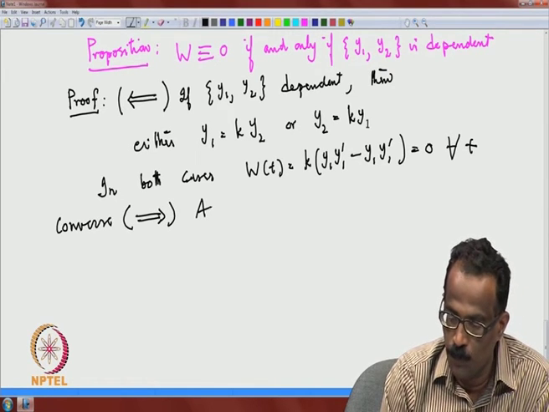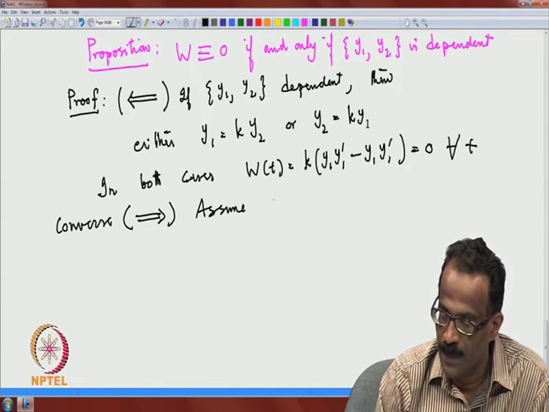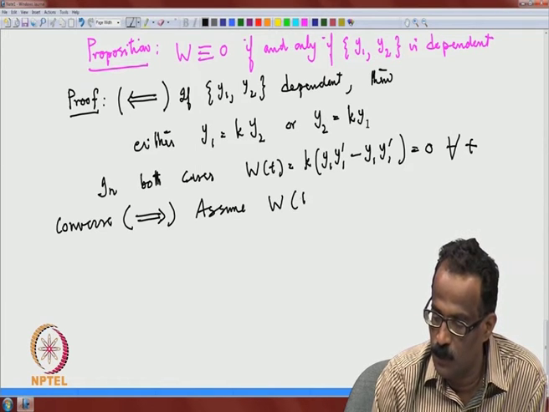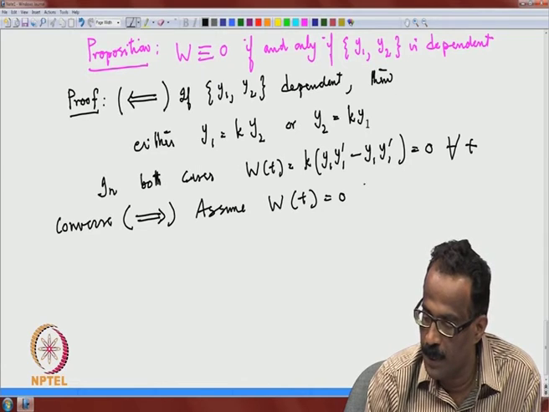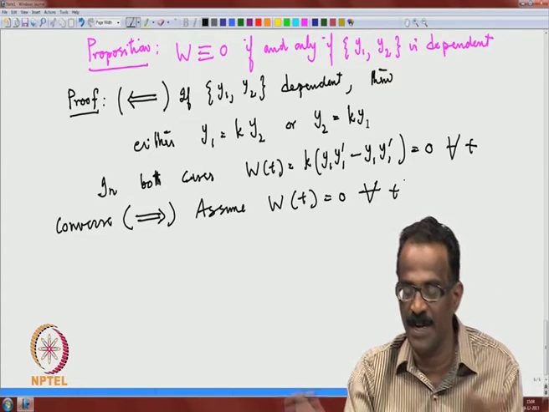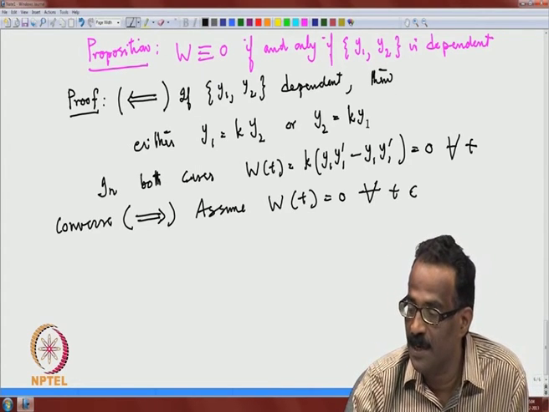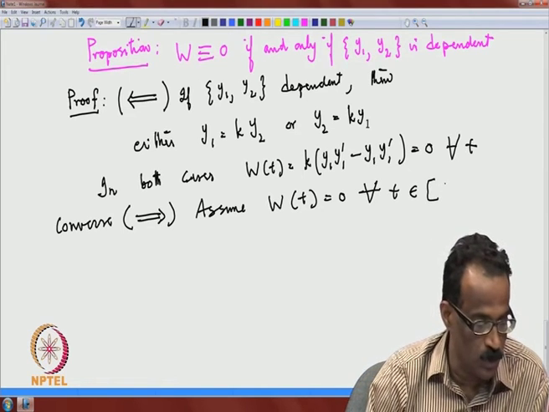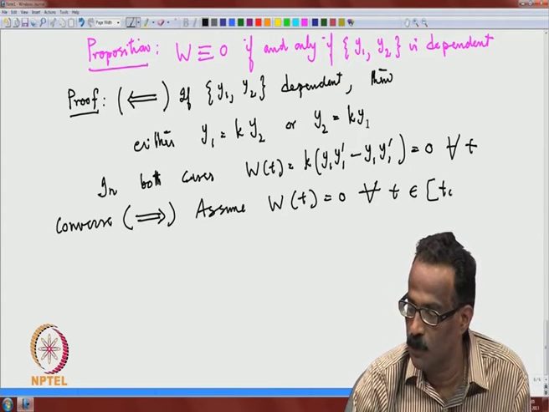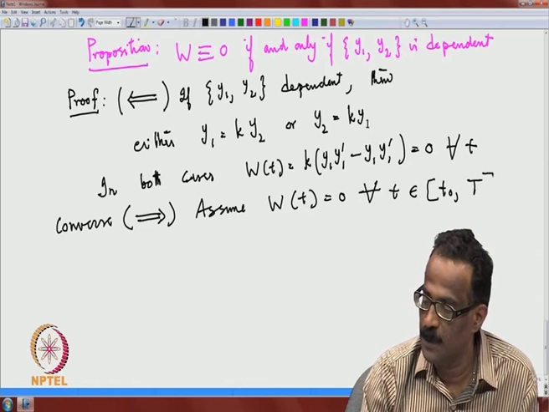So, assume W(t) is equal to 0 for all t, whatever it is, for all t in an interval, that is enough. You want to show that, say the interval t0 to t, that is all we are proving.